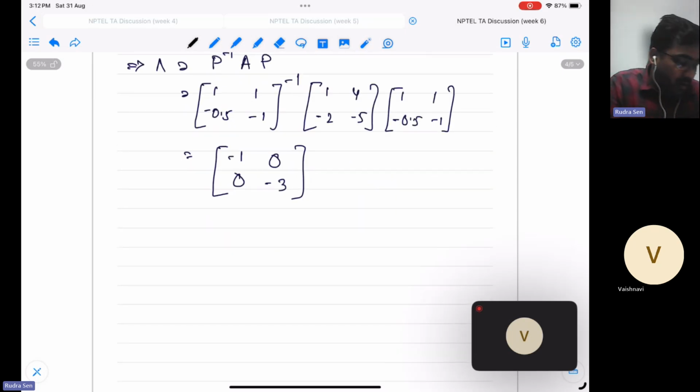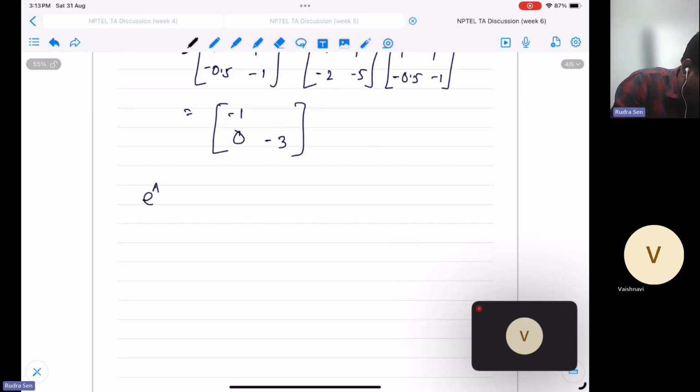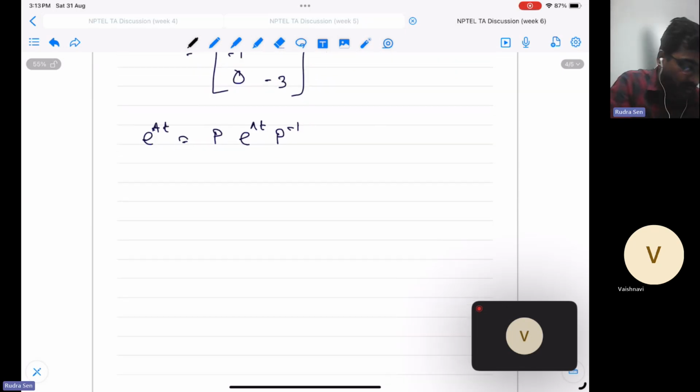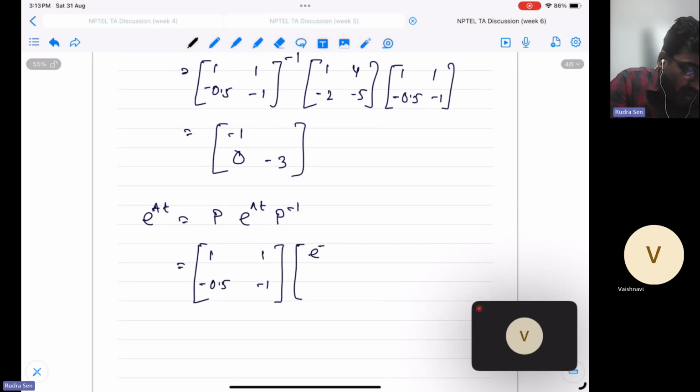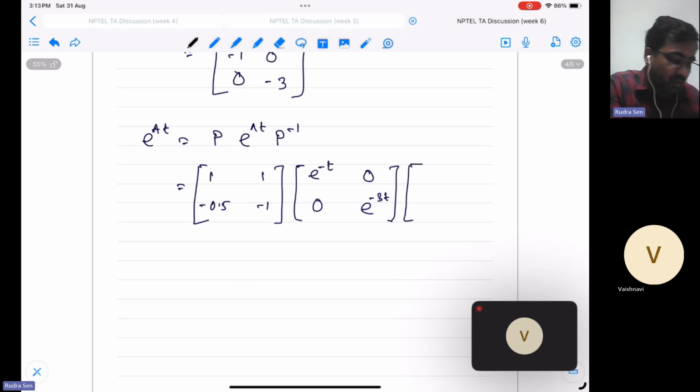Okay. Now, as we have seen earlier, e to the power At is equal to P e to the power lambda t P inverse. This is the thing that we got in the previous class. So P is 1, 1, minus 0.5, minus 1, and e to the power lambda t would be e to the power minus t, 0, 0, e to the power minus 3t. It's very easy to find the exponential of the diagonal matrix. And what is the P inverse?